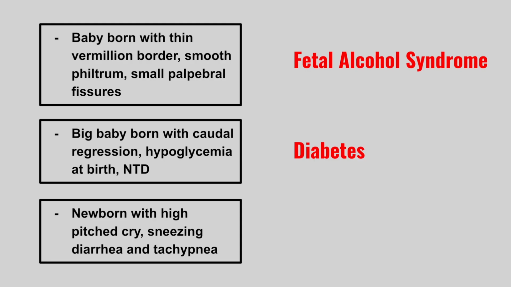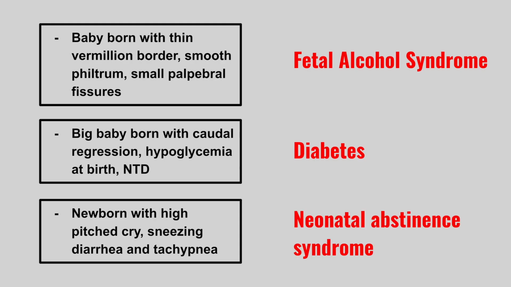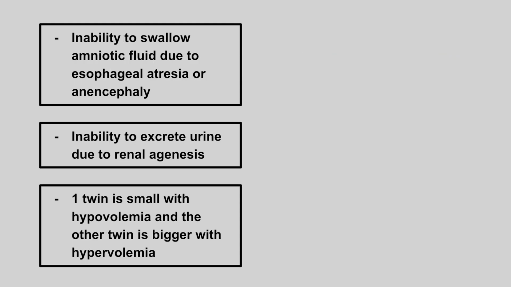Next, we have a newborn with high-pitched crying, sneezing, diarrhea, and tachypnea. So this is neonatal abstinence syndrome. Next, we have a baby that has inability to swallow amniotic fluid due to esophageal atresia or anencephaly.